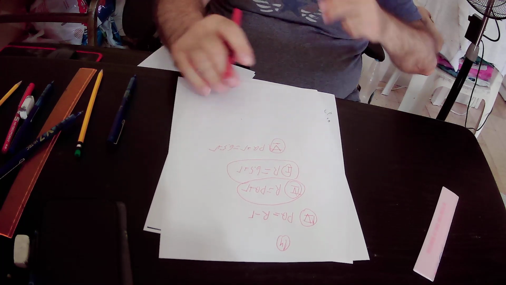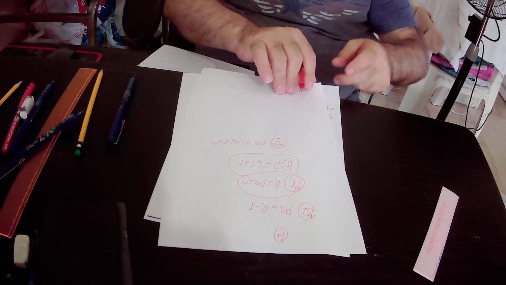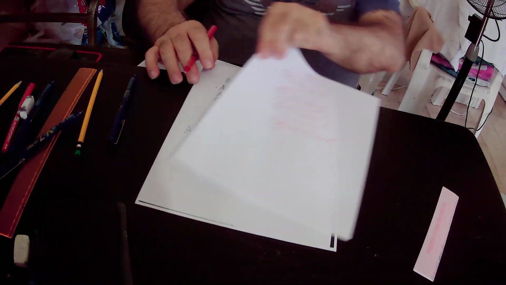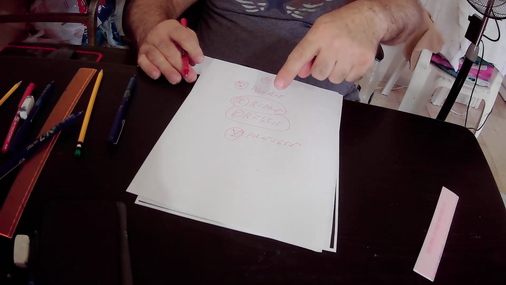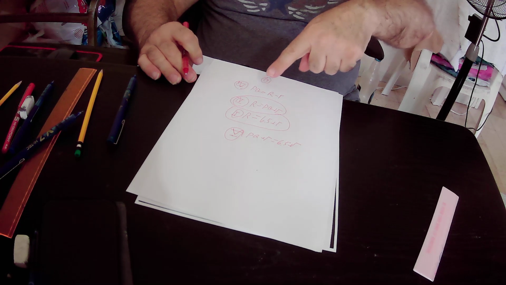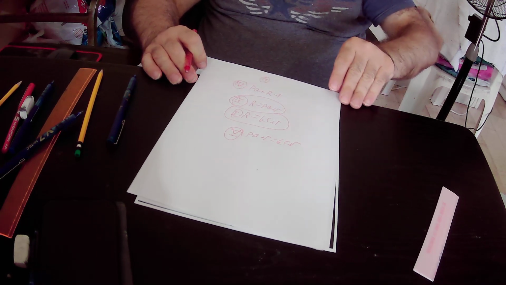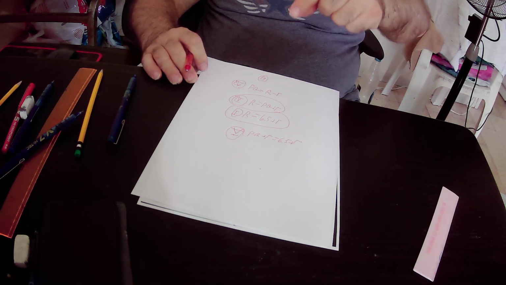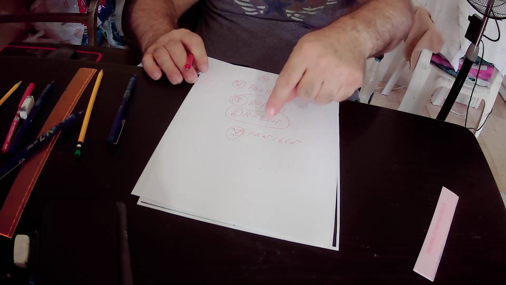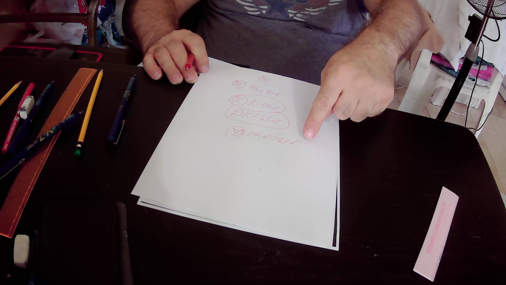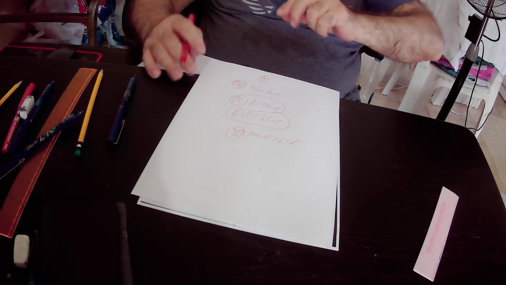Okay, equation number 5 states that capital R, according to equation number 4, equals capital R according to equation number 1. Here we have small r on this side of the equation, and we have small r on the other side of the equation, so we can cancel r.